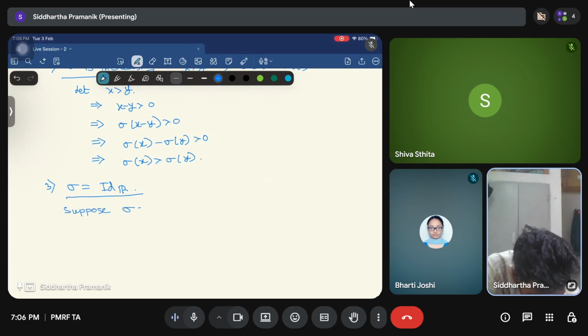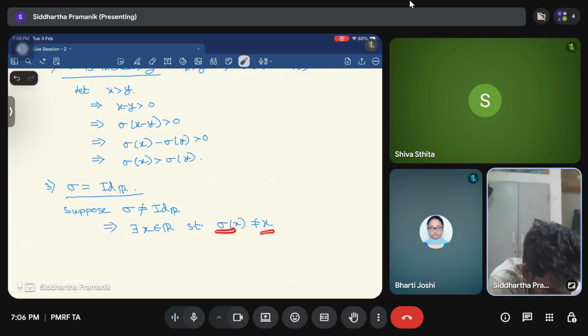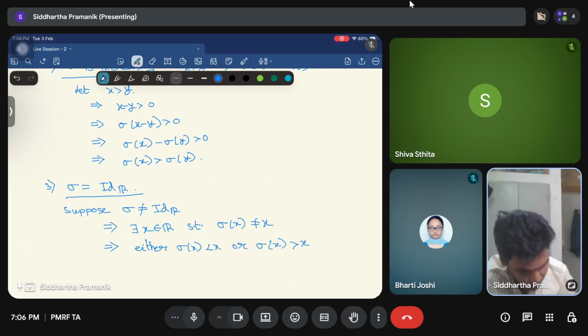Suppose sigma is not the identity map, then there exists some real number x such that sigma of x is not equal to x, right? Since sigma of x and x, these two real numbers, are not equal, that will imply either sigma x is less than x or sigma x is greater than x, right?